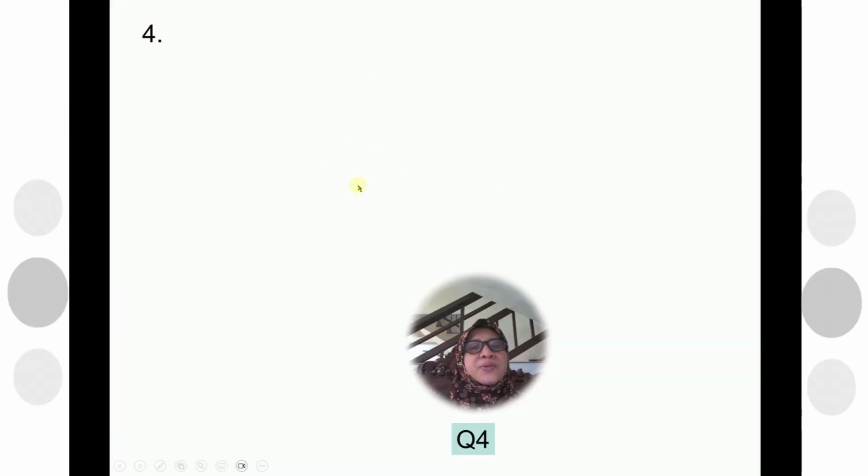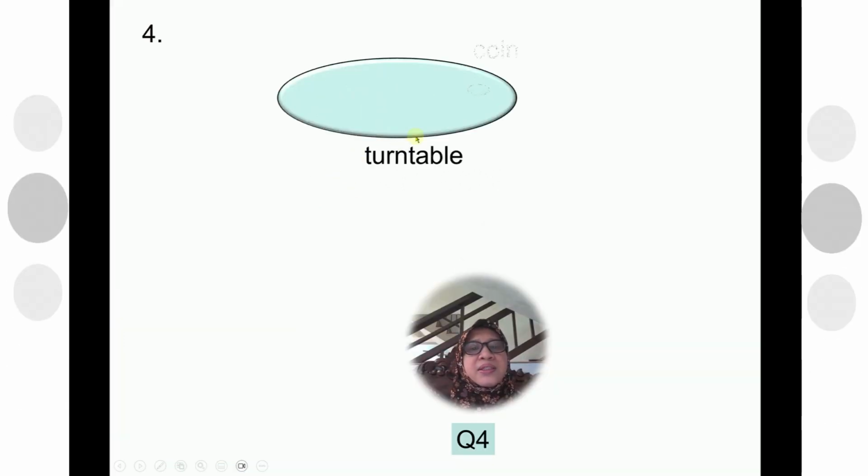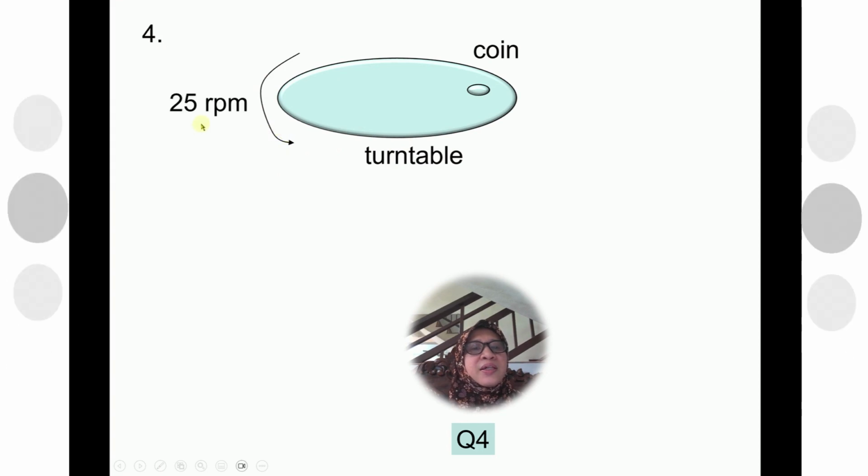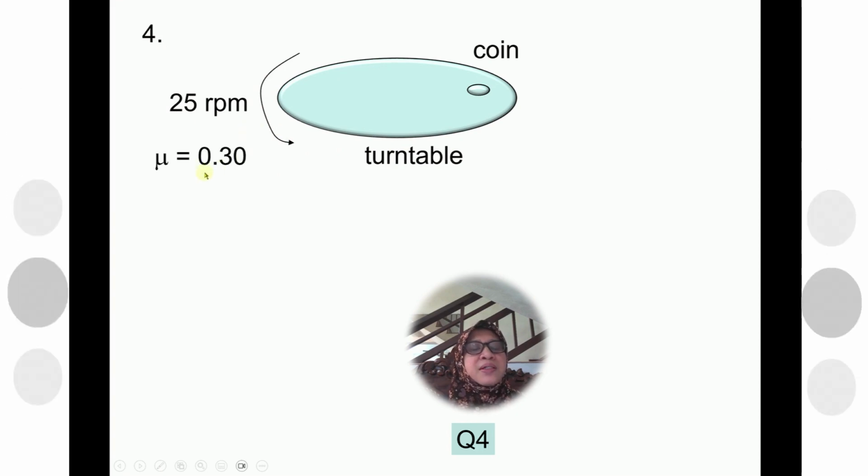Okay, so this is the turntable and the coin. It is rotating with an angular velocity, which is given as 25 rpm, revolutions per minute. The mu is 0.30, the coefficient of static friction.